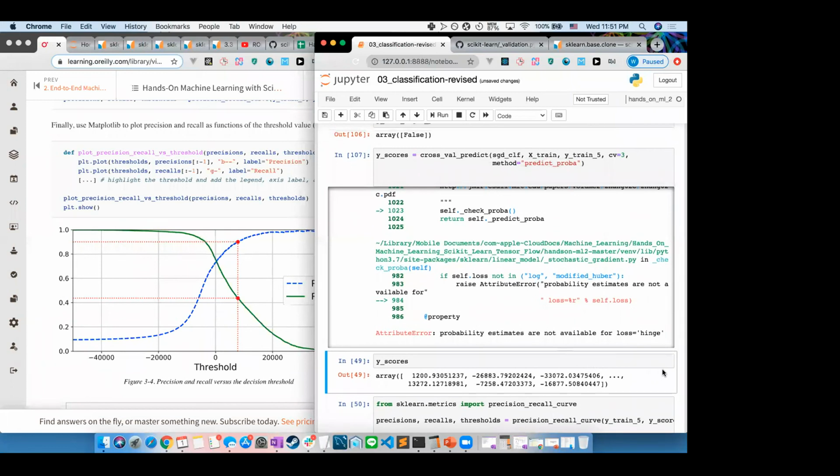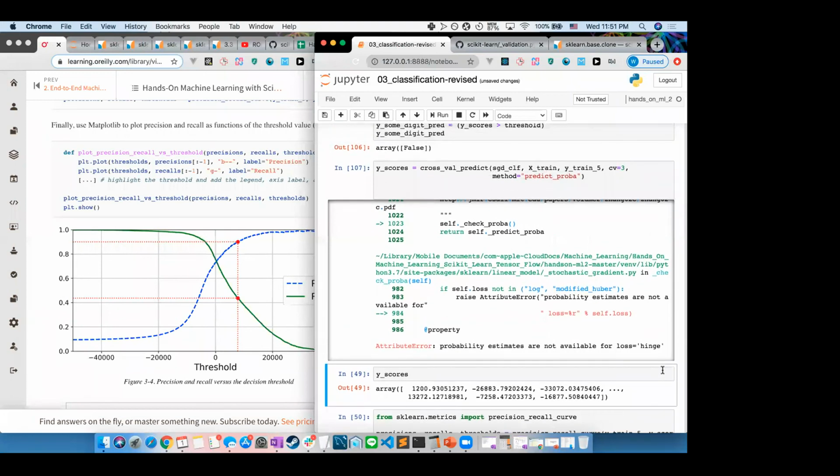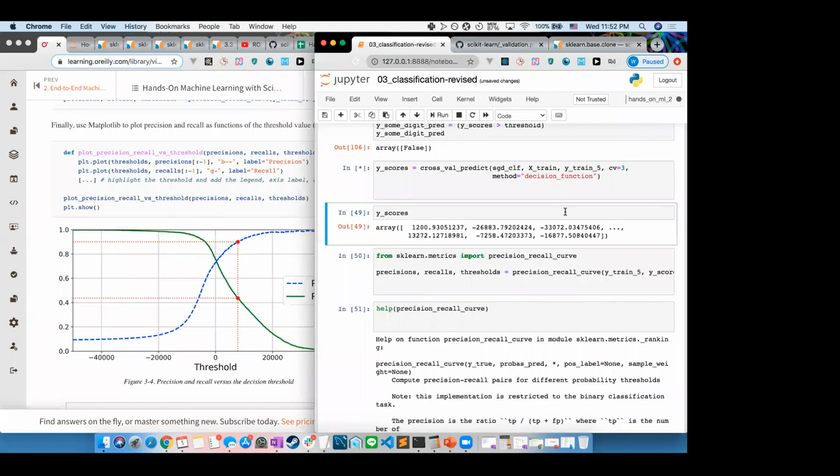Ah, there we go. It's not available. Okay, I stand corrected. Thank you. It says probability estimates are not available for loss equals hinge.